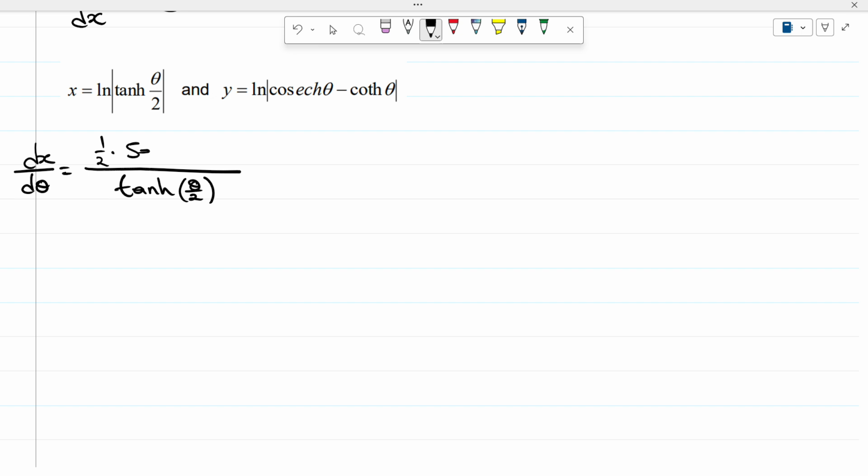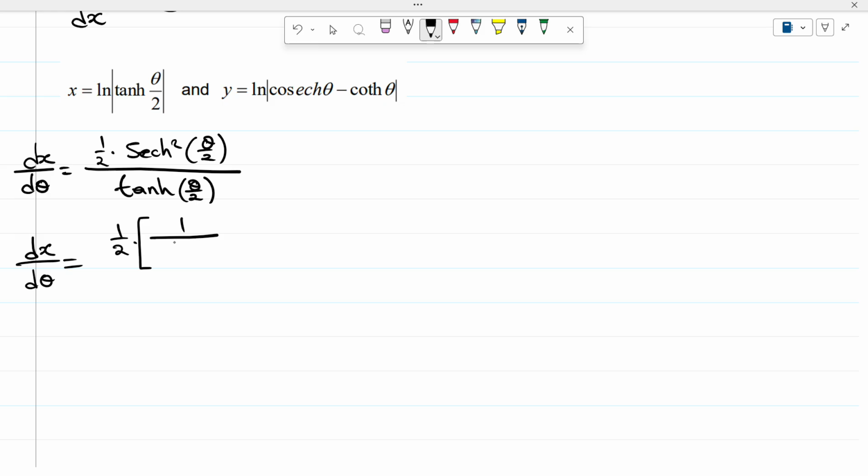This is just hyperbolic sec squared of theta over 2. And then yes, we can simplify further here, guys. This is going to be dx/dtheta equals 1 over 2 multiplied by 1 over what?